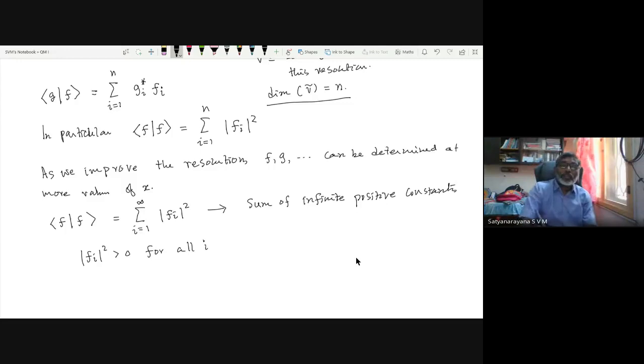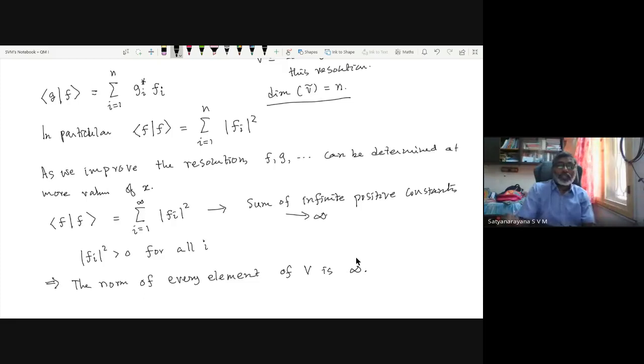The sum of infinite positive constants goes to infinity. So this implies the norm of every element of V is infinite.